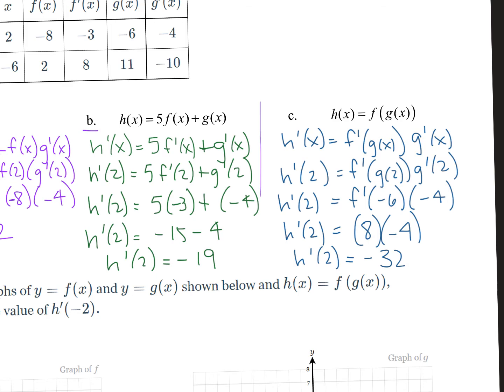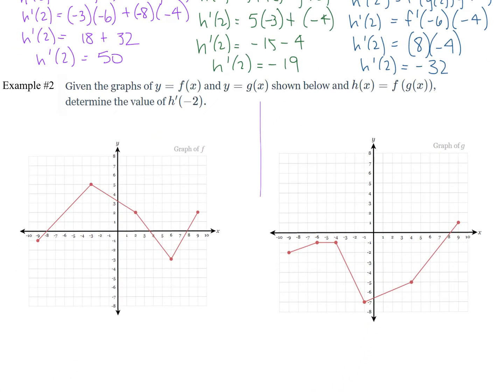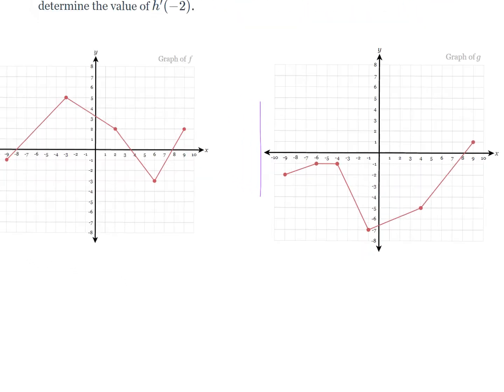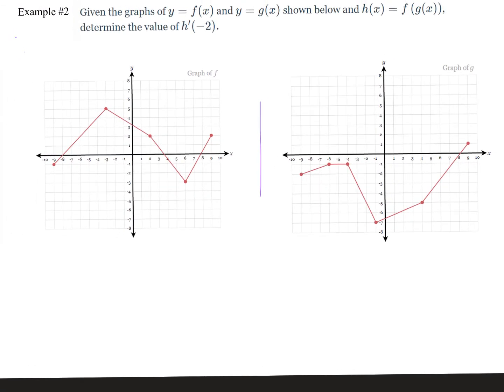Let me scoot this up and see if I can talk you through the ones with the graphs. For these pictures, they tell us up at the top that h of x is equal to this function composition. Then it wants us to determine this value, which means we need to compute what h prime of x is.